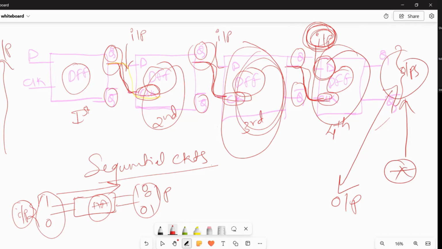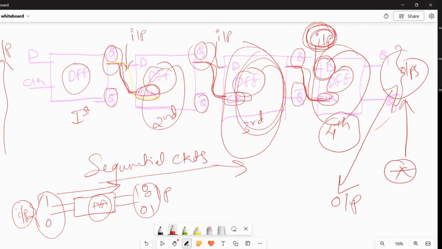But in sequential circuits, the output of the circuit depends on the present input as well as the previous output. Previous output means what? Here I explained, no? Fourth flip-flop output depends on third flip-flop's output. Similarly, third flip-flop output depends on second flip-flop's output, and second on first flip-flop's output.